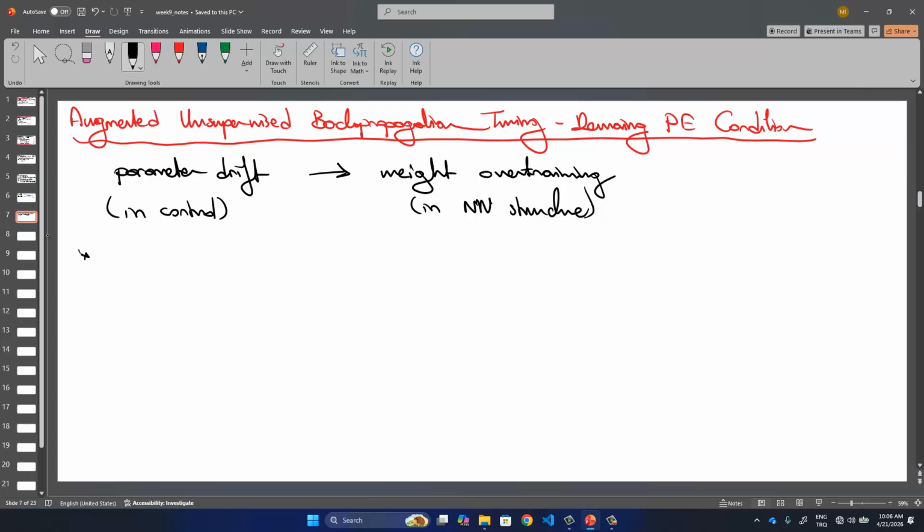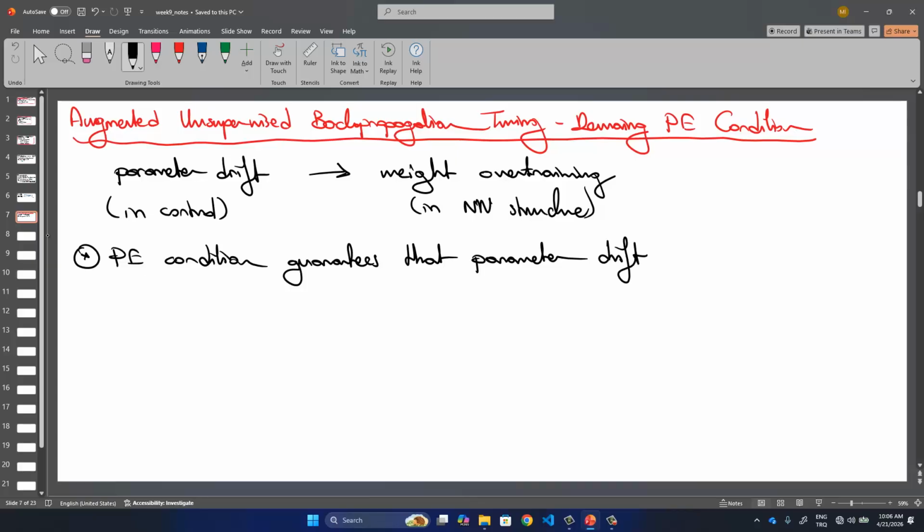So where is it coming from, or what's the advantage of the persistency of excitation in here? The PE condition guarantees that parameter drift does not occur, because each of the reference signals or the coefficients are split into equal parts.